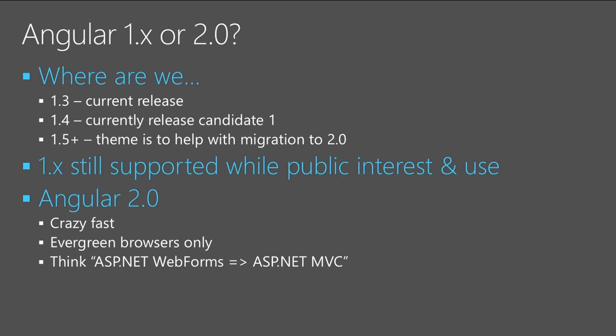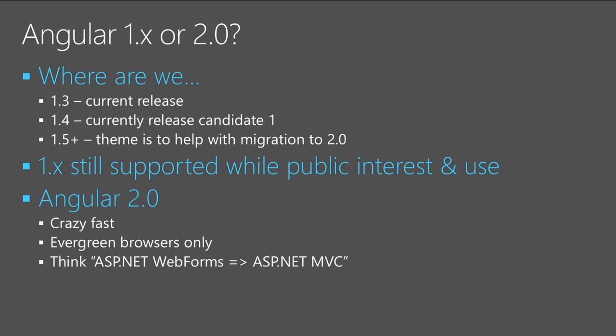It's got a lot of performance stuff, but the big things are a lot of improvements to the animation and a whole new navigation router that's a lot better. Actually, the navigation router is the one they built for 2.0. They just backported it to 1.4.